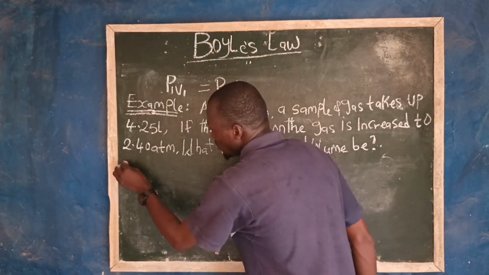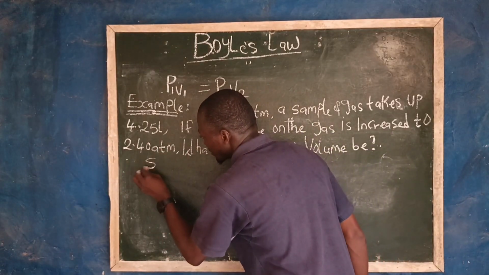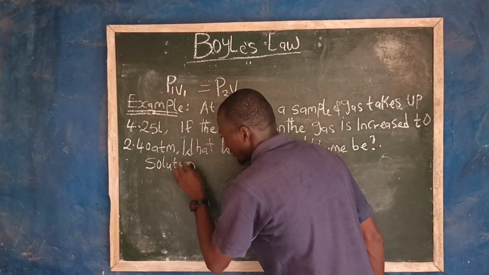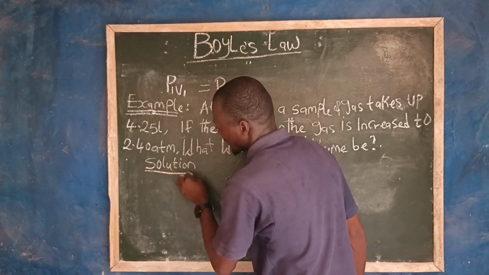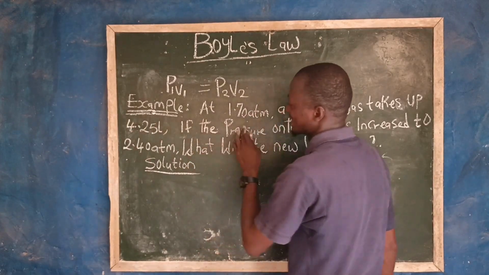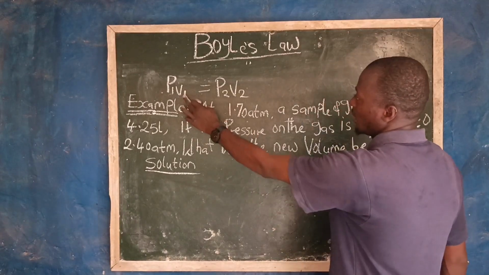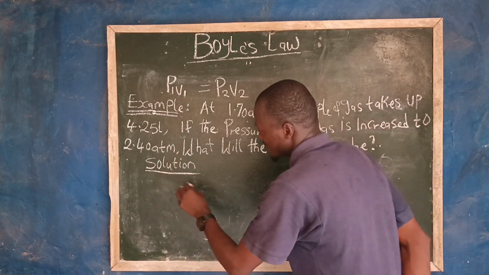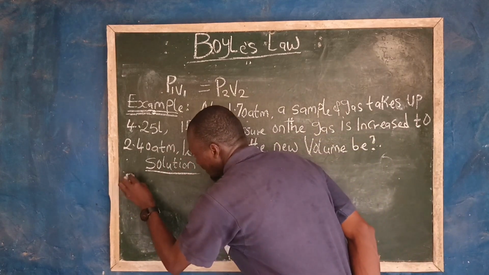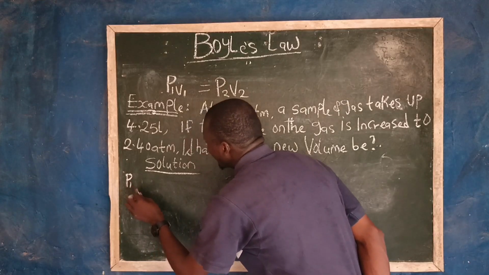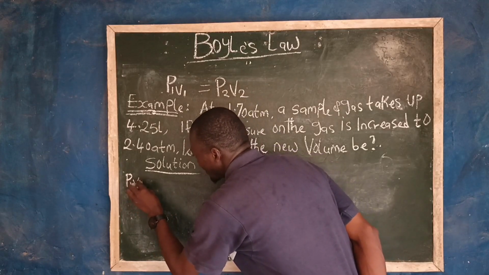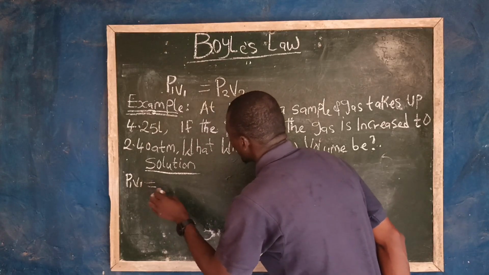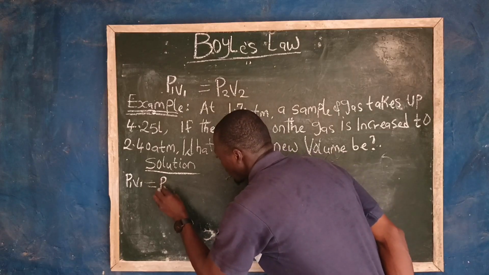We are going to say that our initial pressure is P1 V1 equals P2 V2.